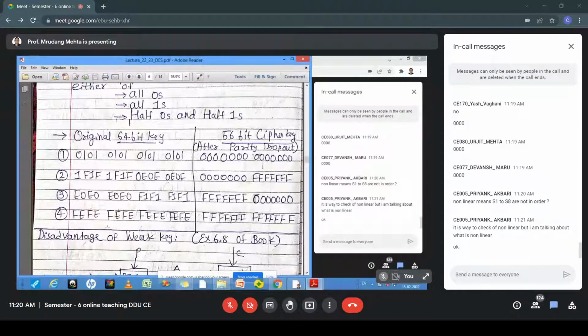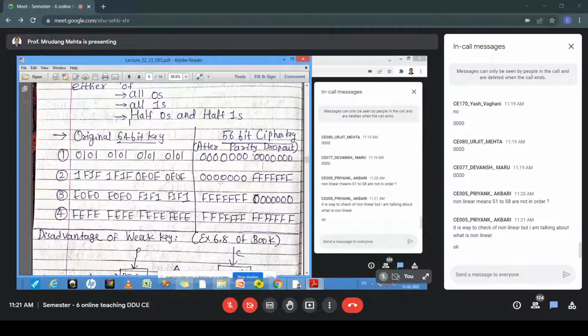Similarly, if you see the last key, F E F E F E F E, out of these, 8 bits are dropped, so we have all E. These bits are dropped. So finally, the 56-bit key becomes all F. F means 1.